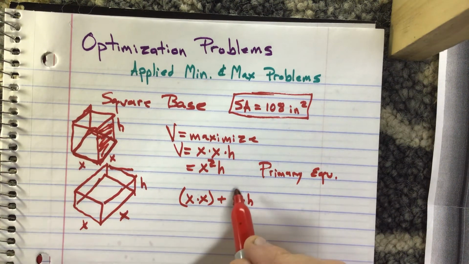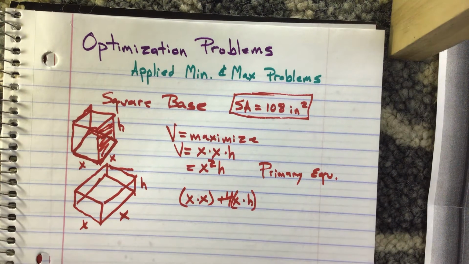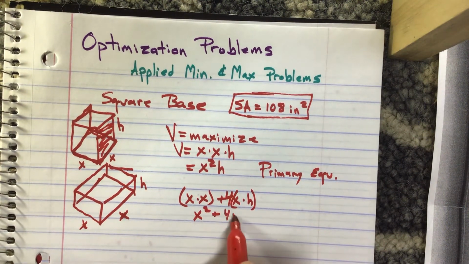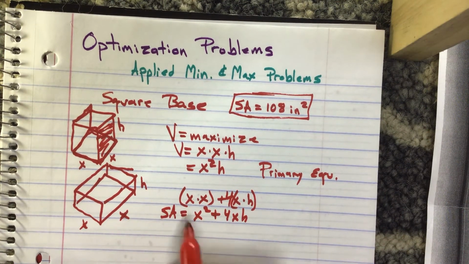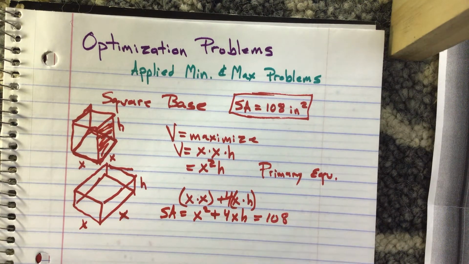So I'll just say 4 times x times h, or 4xh. Another way to say this is x squared plus 4xh, and that's the surface area, and that has to be 108 square inches.